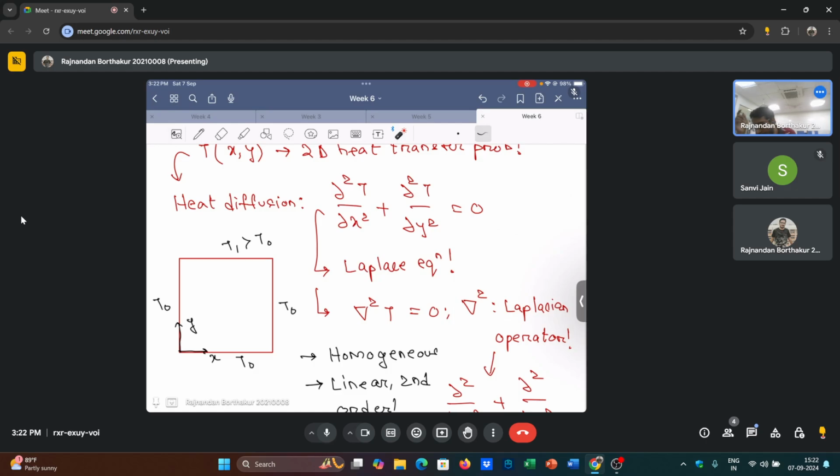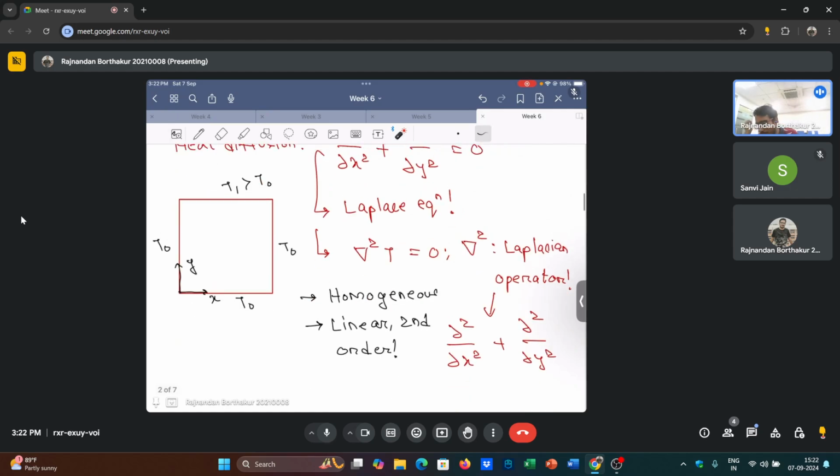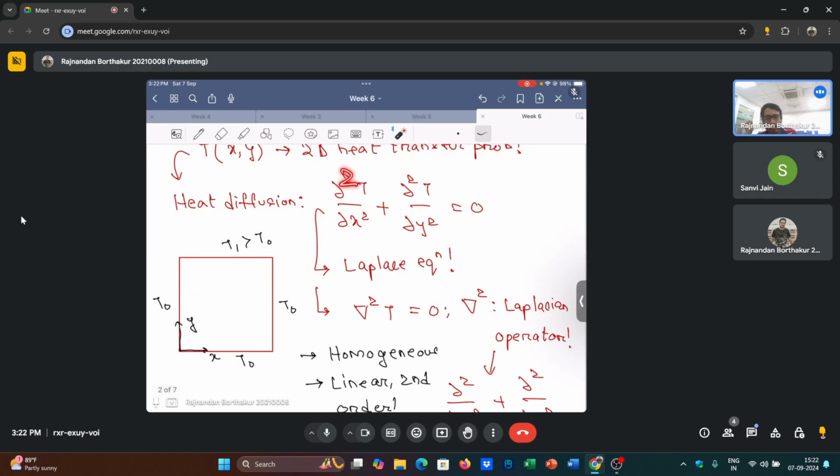But in any of the terms in this Laplace equation, I do not have the dependent variable multiplied with itself, or the dependent variable derivatives multiplied with each other, and so on. All the combinations that I showed here. If such combinations do not exist, then my equation is a linear equation. And of course, it's second order because the highest order of the derivative is 2 here.